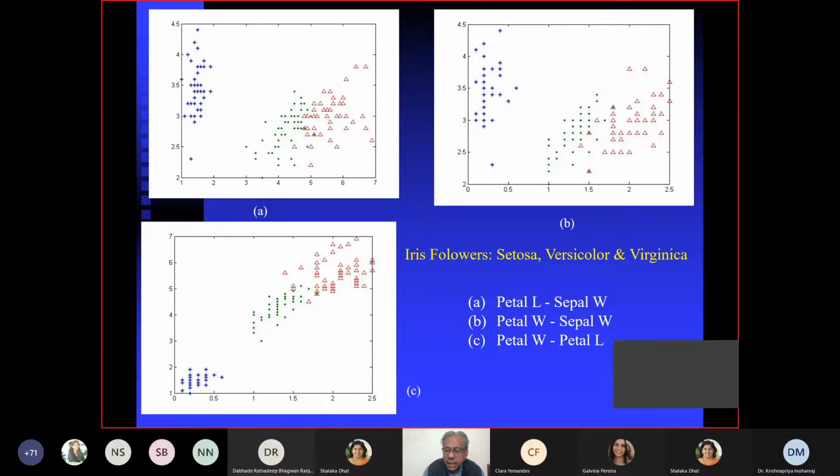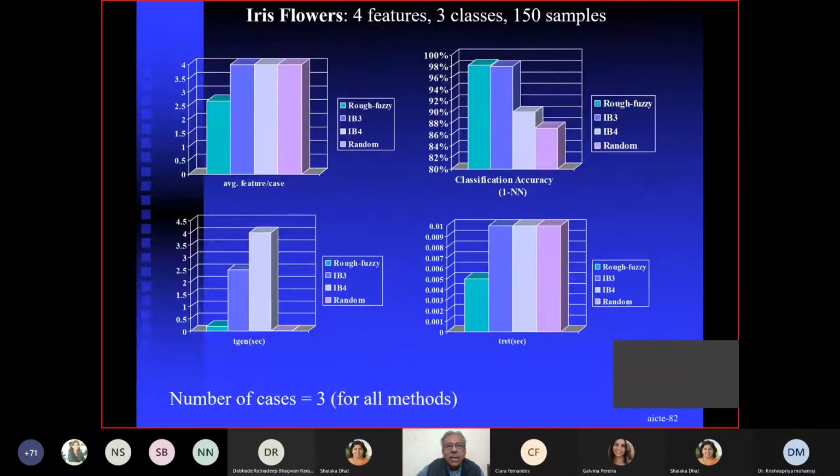This is our intuition, and this is what got verified when you compare with the random method. That is, you pick up 1 flower randomly, blindly, from every class, 3 flowers. So the number of cases is 3 for all. Rough fuzzy, then instance-based learning, David, are very popular, highly cited, and there your number of dimensions remains the same.